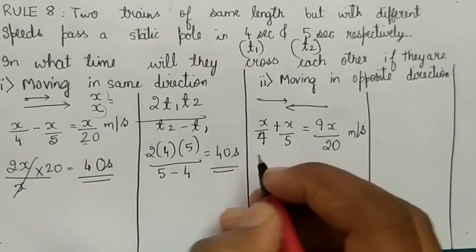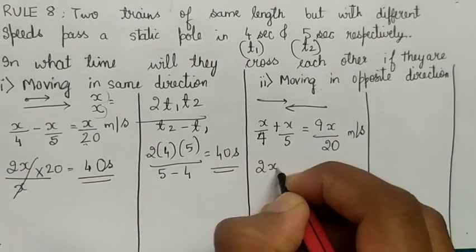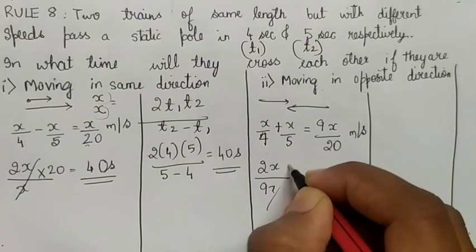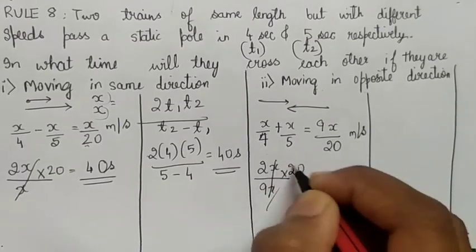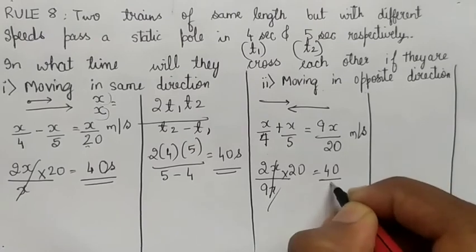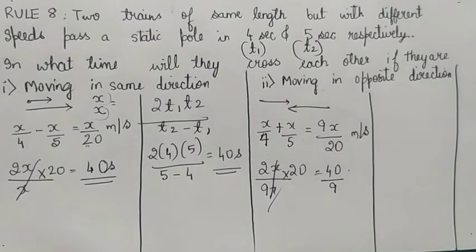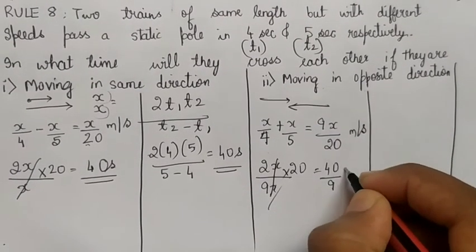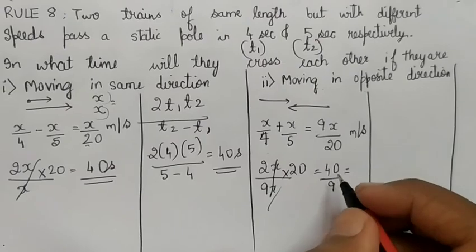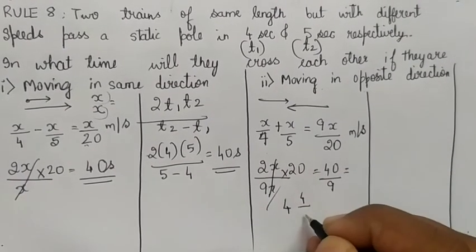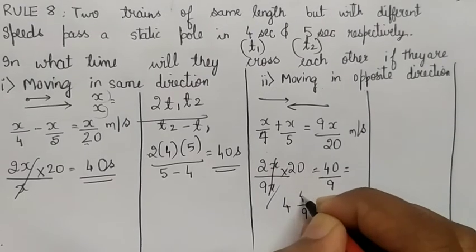Then the required time will be the total distance 2x by this speed 9x by 20, which I put here into 20. So 40 by 9. This is the time required by the trains to cross each other if they are moving in opposite directions. 40 by 9 is 4 and 4 by 9 seconds.